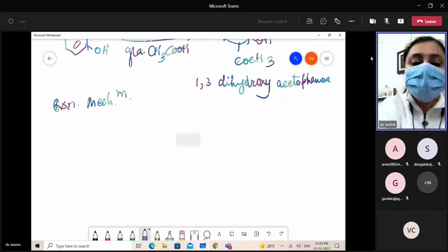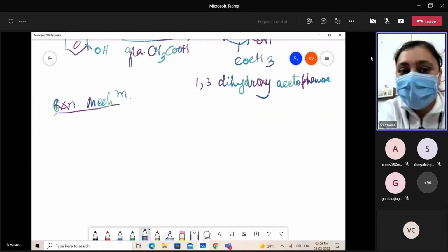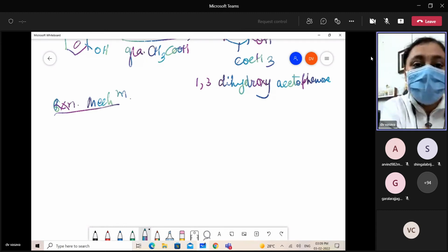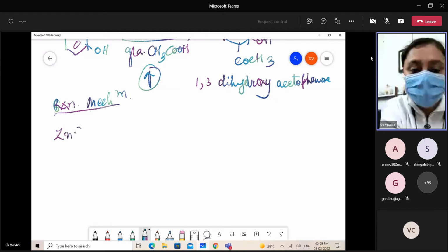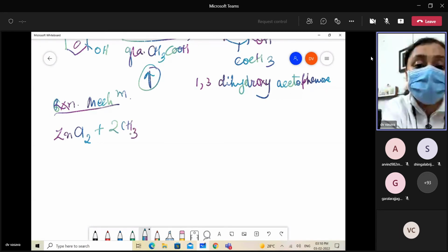From here we will go to the reaction mechanism. This includes first the preparation of our acylating agent, that is, as sir said earlier, the acyl cation or the electrophile. So while adding these reagents, that is ZnCl2 plus, as we have calculated the mole ratio, the glacial acetic acid which we will use consists of 2 moles.